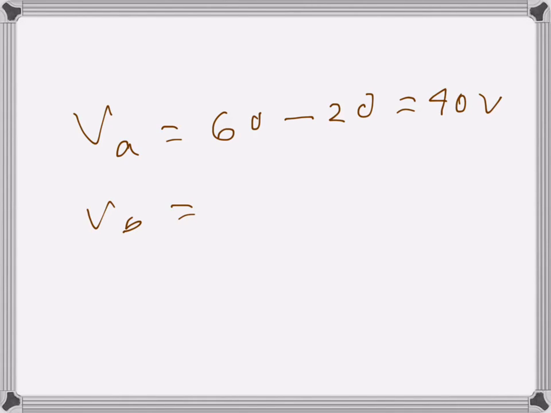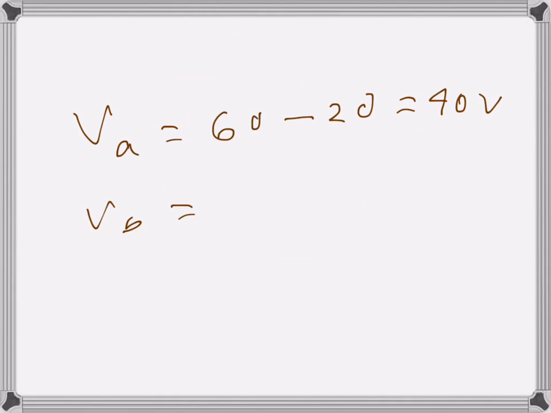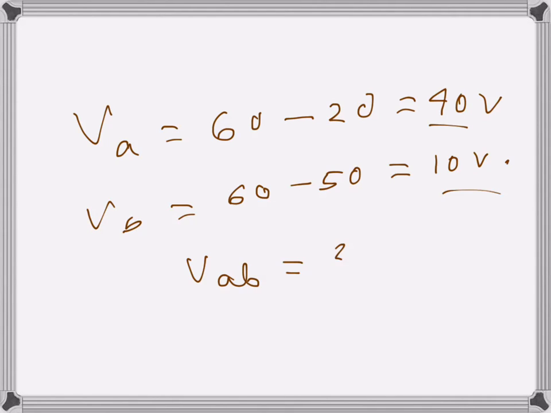And VB, the other parallel path, is 60 volts, and across the 25 ohms the voltage drop is 50 volts, so 60 minus 50 is 10 volts. So VAB will be 40 minus 10, which is 30 volts. That's the Thevenin voltage.